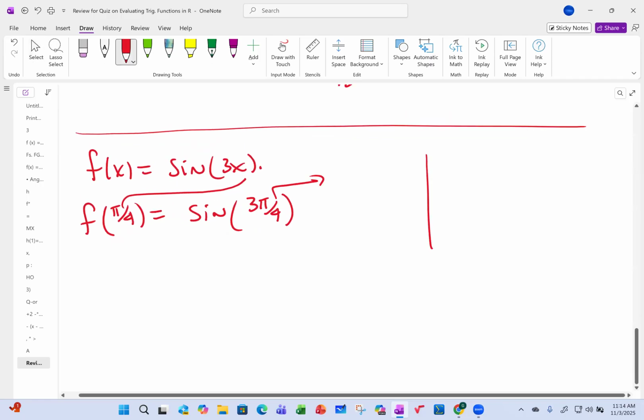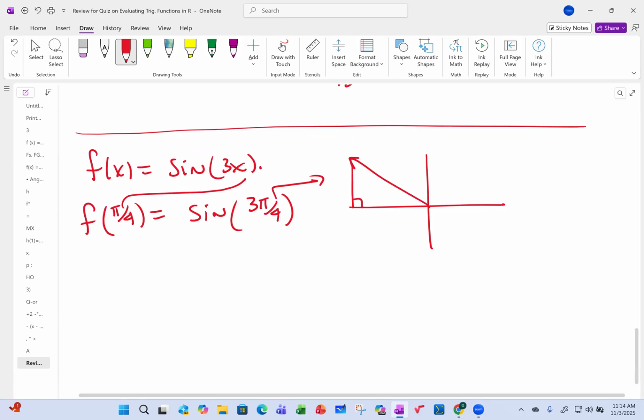So where's 3 pi over 4 put me? Right here. So my reference angle is pi over 4. And my sides are 1, 1, and root 2. But it's negative down here. It's the negative x-axis, sorry. Remember, this is your angle 3 pi over 4.